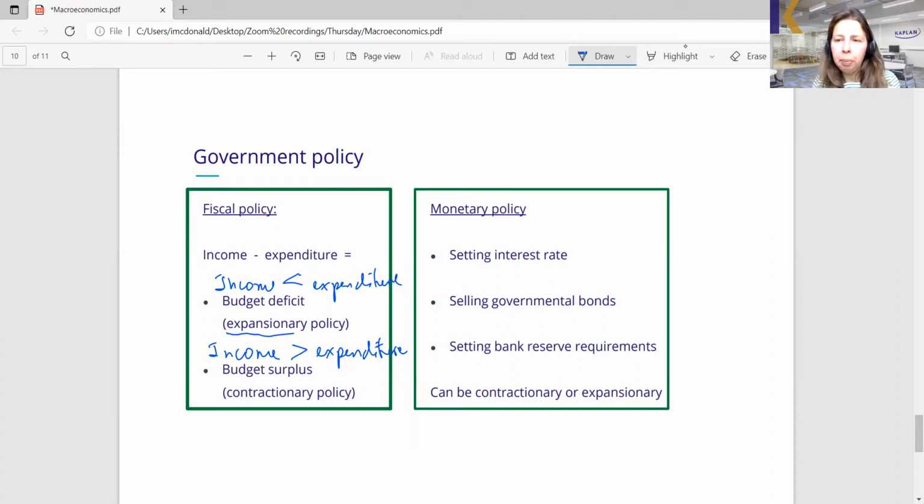With the monetary policy, government regulates the supply of money in the economy. And that is done using a variety of tools. So setting interest rates, for example: when the central bank of a country sets interest rates at a low level, that means your rates on credit cards, loans and mortgages are likely to be low.